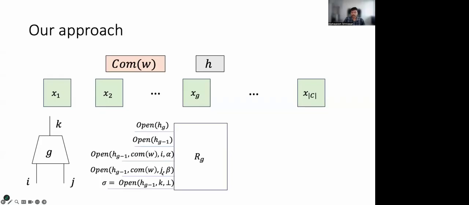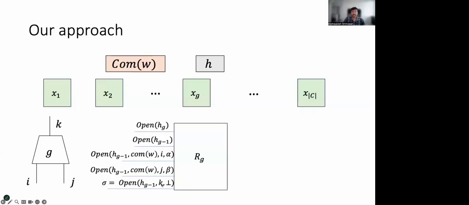So suppose i or j was an input wire corresponding to the witness, then this opening is with respect to the commitment to the witness. Otherwise, if it is an internal wire, then it is an opening with respect to the digest Hg minus 1. And finally, it also takes as another opening corresponding to the kth wire in Hg minus 1.